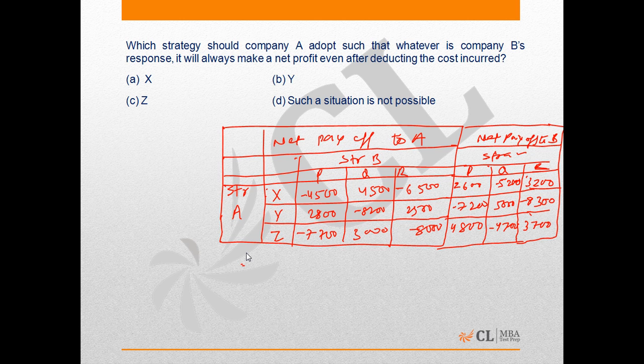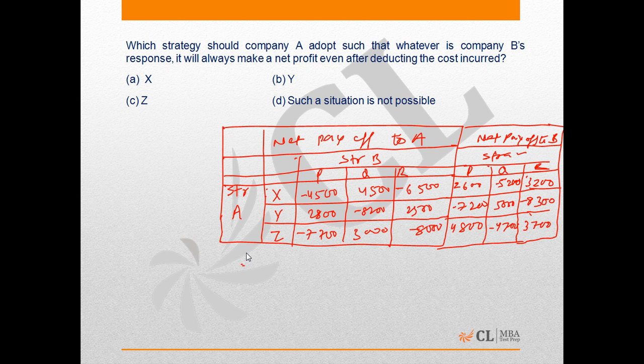As we can check, when A adopts X and B responds by adopting P, B gains 2,600. So no matter what the case in adoption of a strategy by A, there is no way A can ensure that there would be a gain for it.